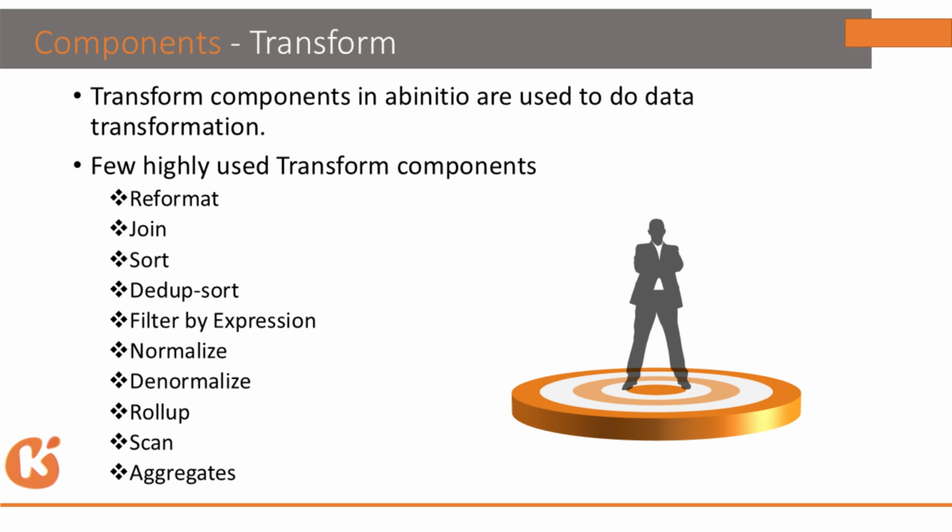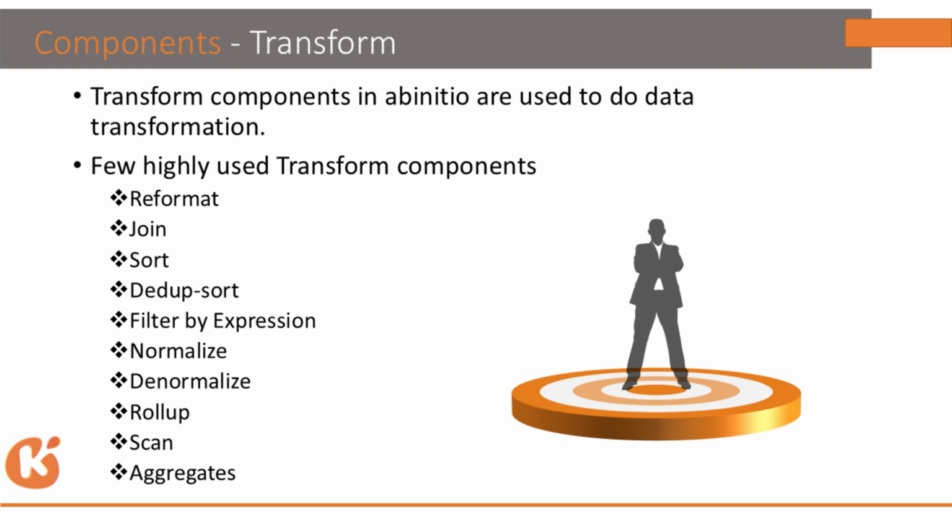So what component do I have to use to get that particular result? To do that, we need to know the runtime behavior of each and every component. We need to know, for this particular requirement, I need this component, and this component will help me achieve this. So for that, we need to know the runtime behavior of each and every component. That's what we're going to see in the upcoming session. So yeah, these are about transform components.